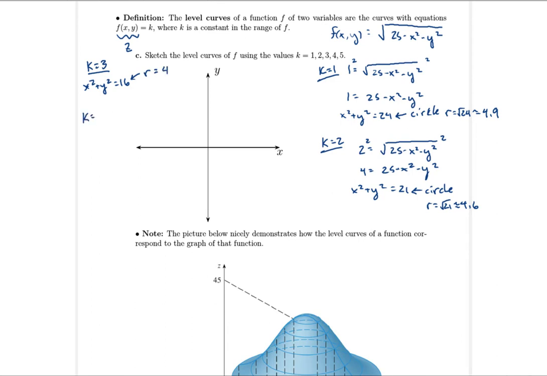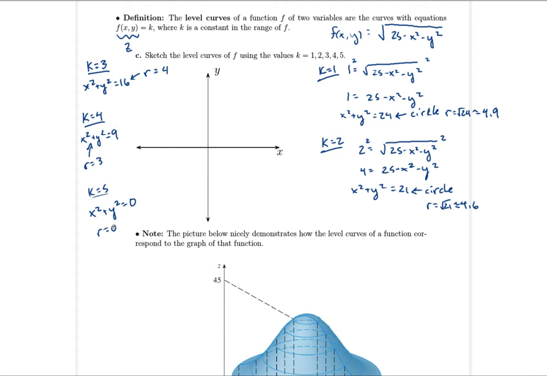If k equals 4, then we have x squared plus y squared equals 9. So that's a circle of radius 3. And if k equals 5, then we have x squared plus y squared equals 0. And so, of course, radius is 0.